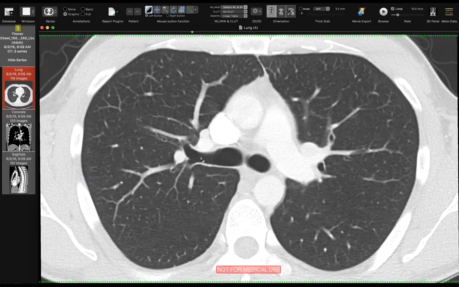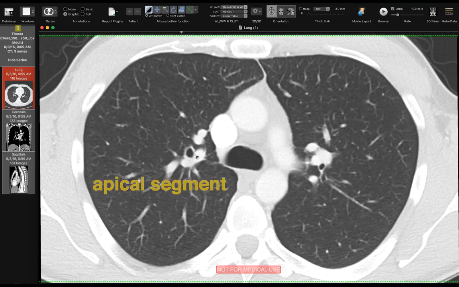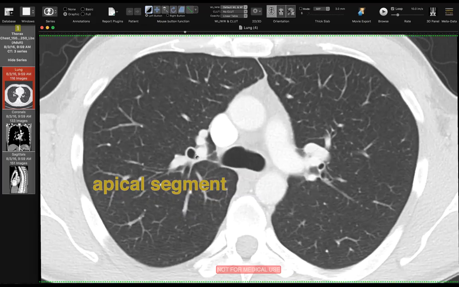So I'm going to scroll up, and there's three segments in the right upper lobe: the apical, the anterior, and the posterior. So I'm scrolling up now. You can see this one that's a circle. It's going to go straight up to the apex. That is the apical segmental bronchus. Okay, I'm going to scroll back down.